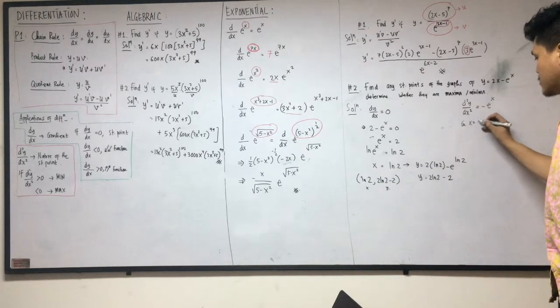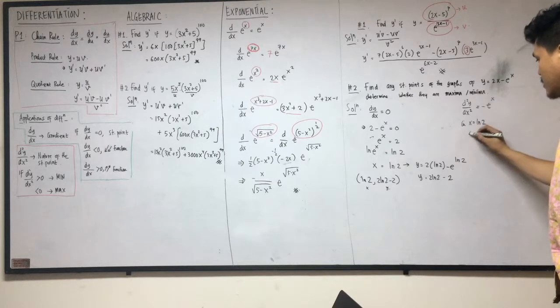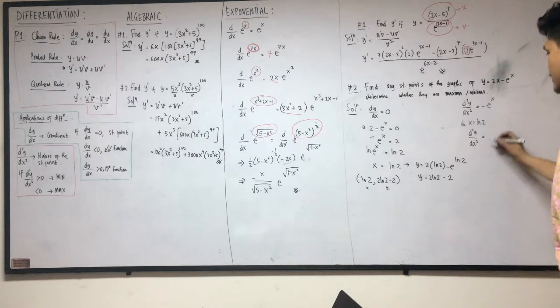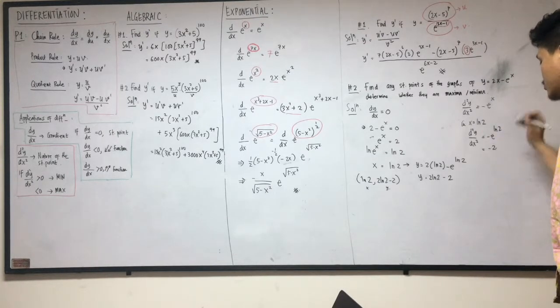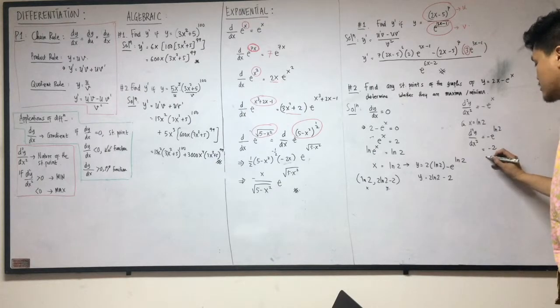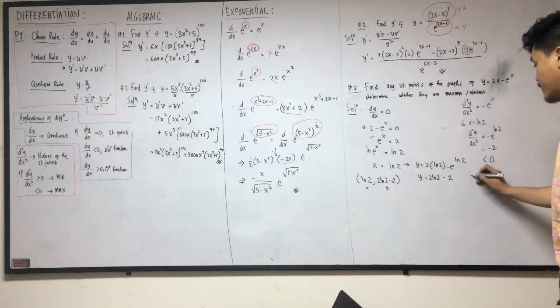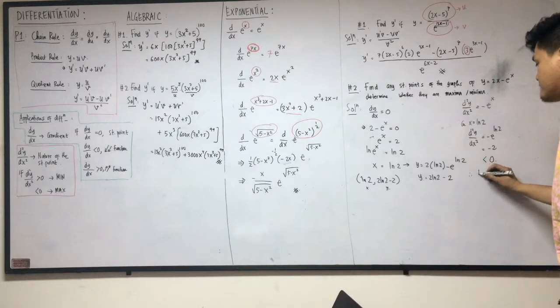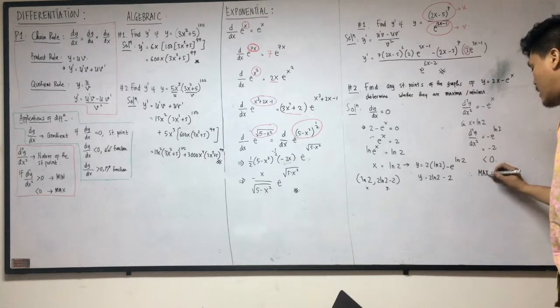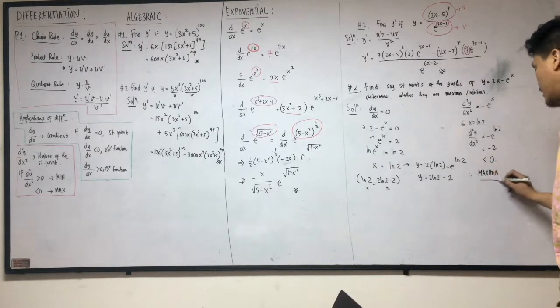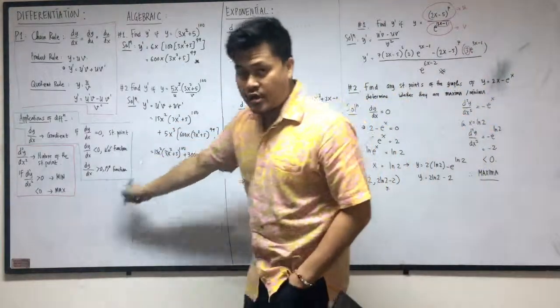At x equals ln 2, d squared y over dx squared is negative e to the power of ln 2, which is negative 2, and therefore smaller than 0. So therefore, it's a maximum, based on the information that you learned in paper 1.